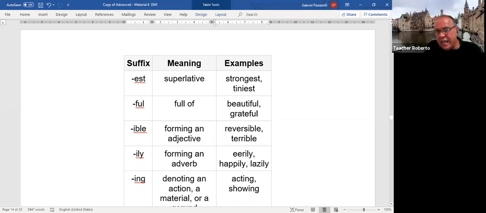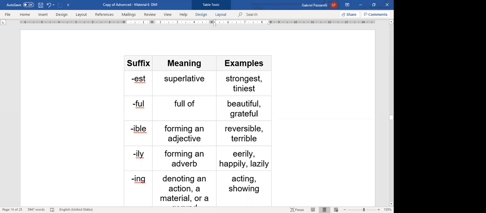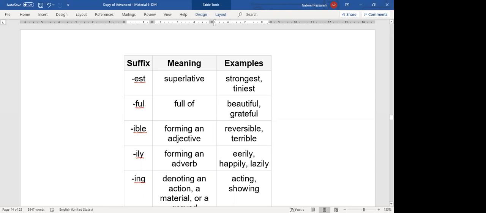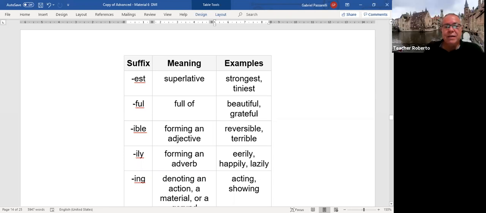Yearly means, yes, okay, it's honorably. Something, because it's an adverb, okay? Not very common, but happily, lazily are okay. What about the ing, Regina?